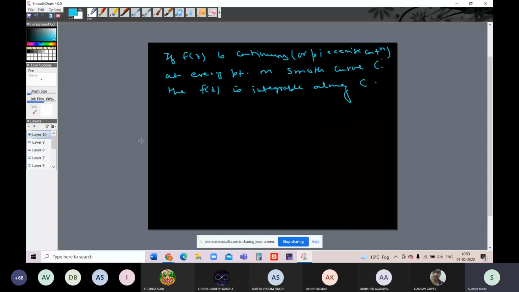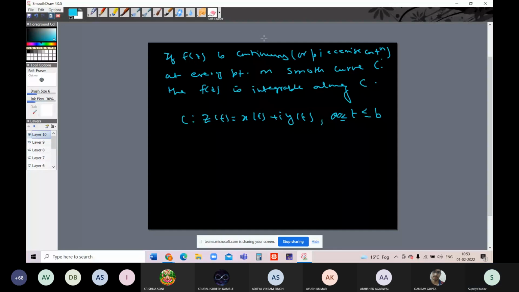Suppose that C is a piecewise smooth curve represented parametrically as z(t) = x(t) + i y(t), where t lies in the closed interval [a, b].